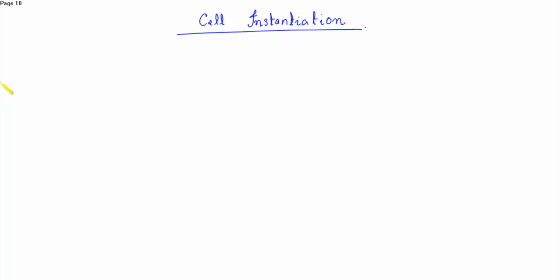When we talk of cell instantiation, in order to obtain a NOR gate, we can follow two steps.